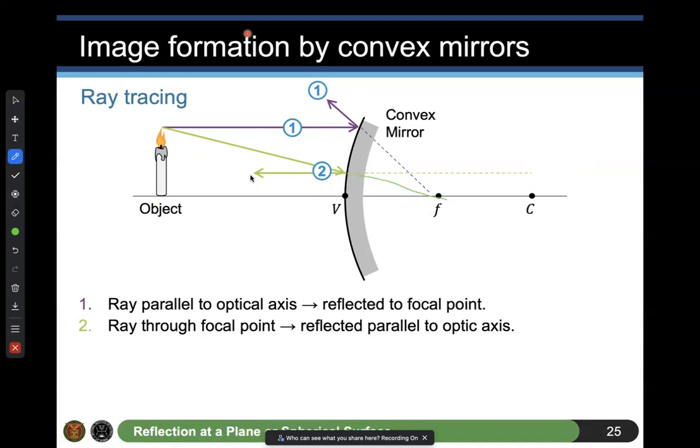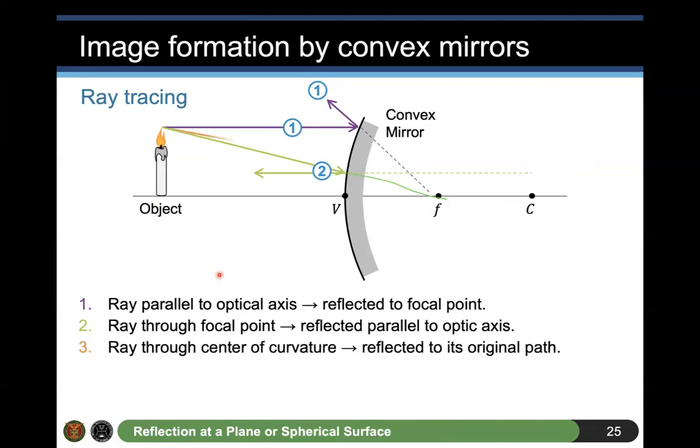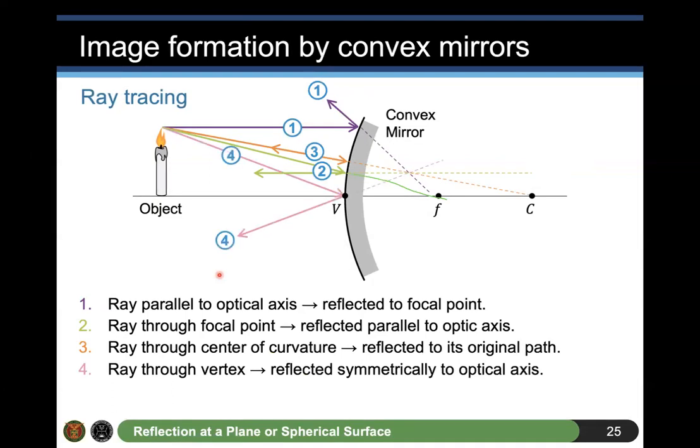Tapos, magre-reflect siya dito, reflection. Okay. Then, we have the ray through the center of curvature and the ray through the vertex. So, if you notice, kahit convex yung mirror, hindi na siya concave, same pa rin yung mangyayari dun sa mga rays na ginagamit natin sa ray tracing.